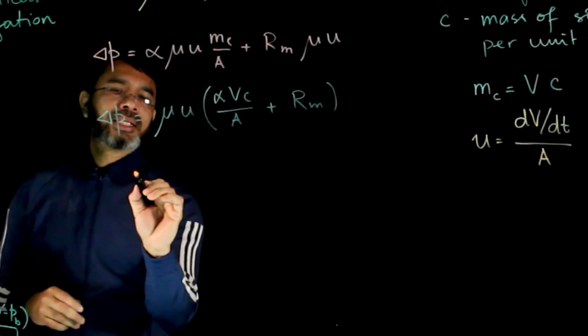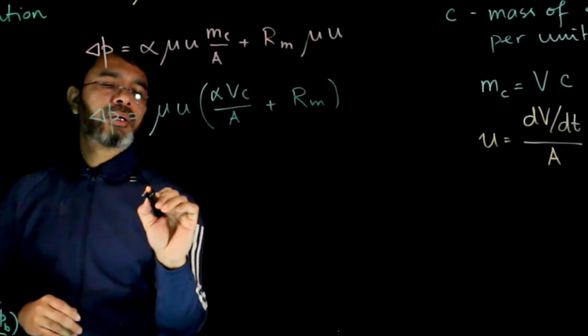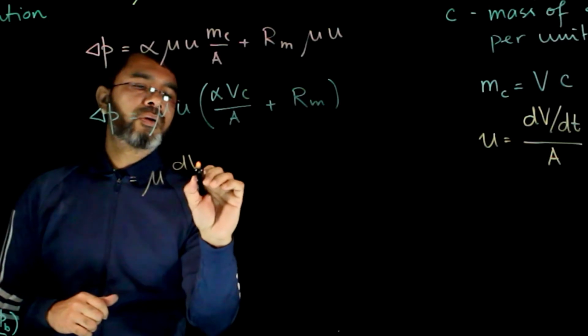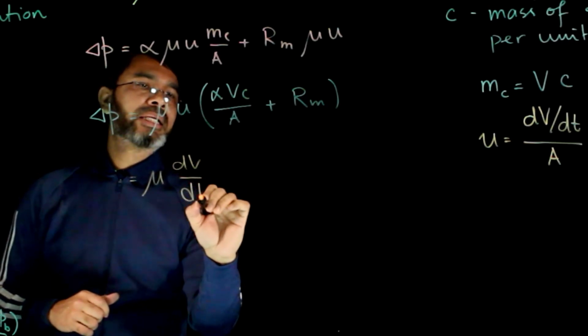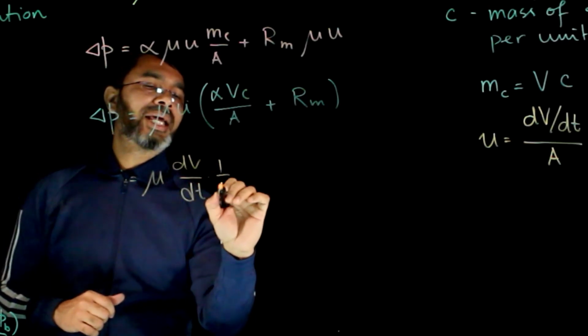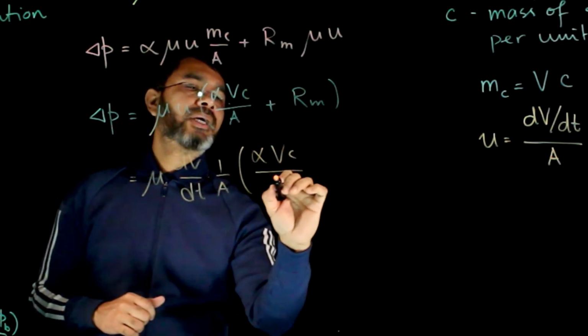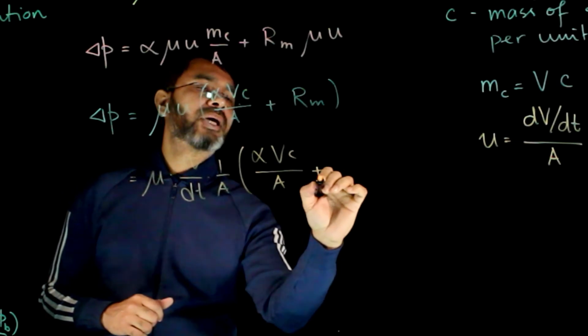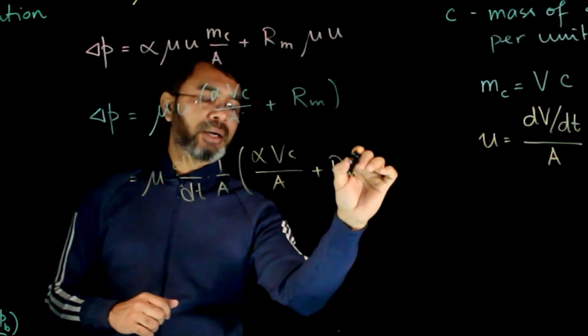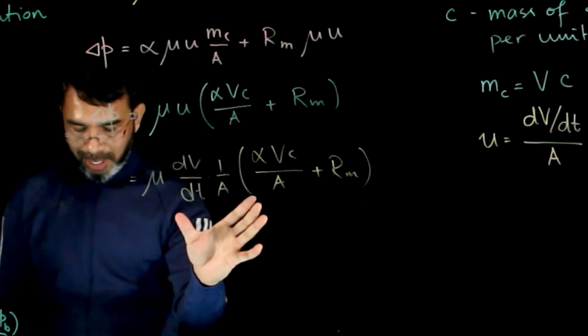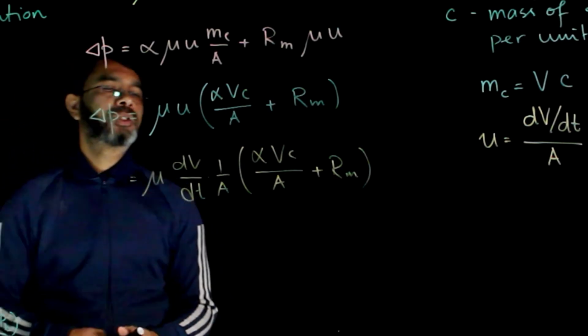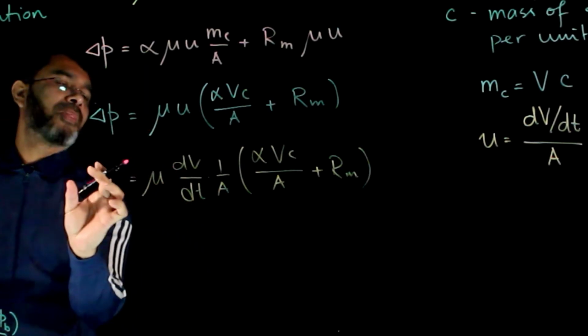So here delta P becomes mu dV over dt, times 1 over A, times alpha VC over A plus Rm. Now we'll do a simple mathematical manipulation to take the dt to the other side.